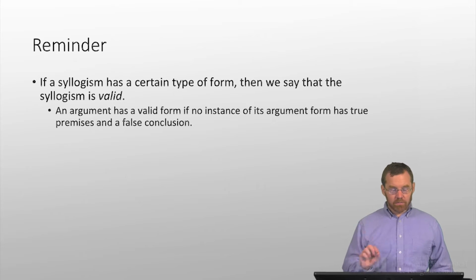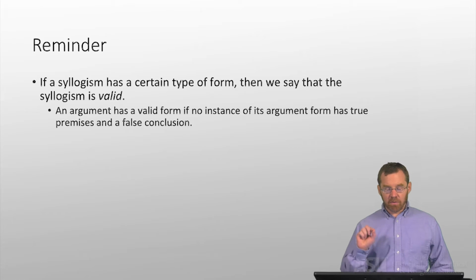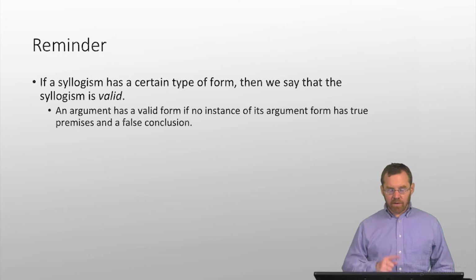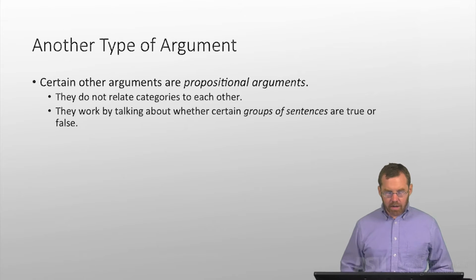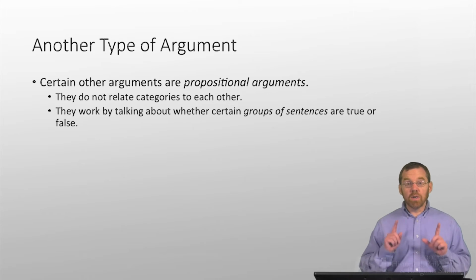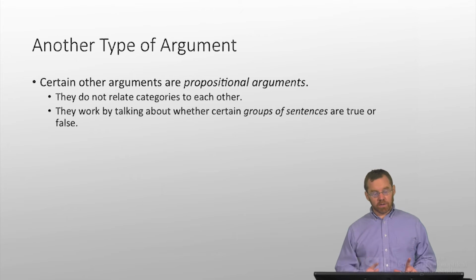So, to remind you, if a syllogism has a certain type of form, we say that the argument is valid. And the argument has a valid form if no instance of its argument form has true premises and a false conclusion. Now we're going to look at propositional arguments. They do not relate categories to each other.